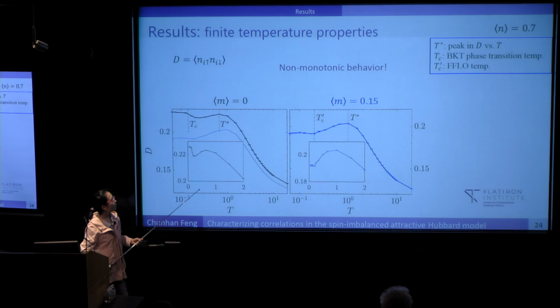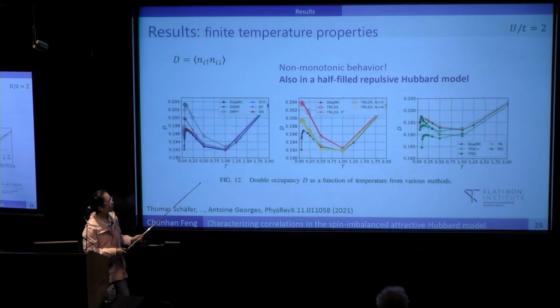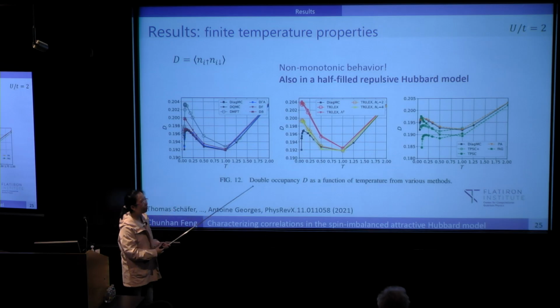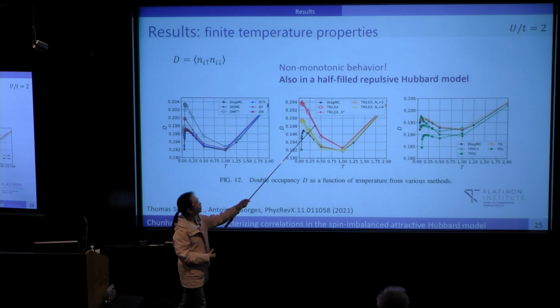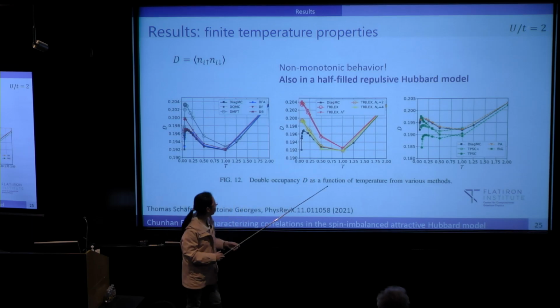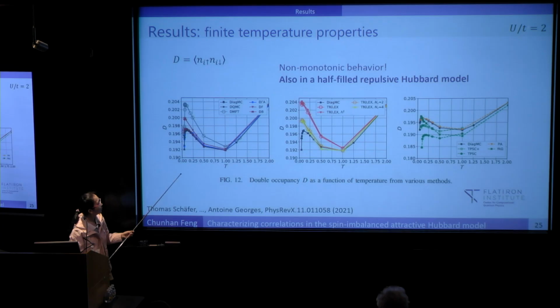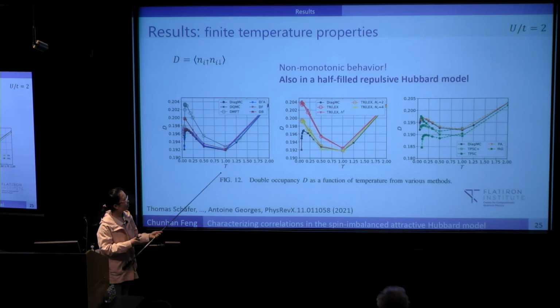And in the insets here, we just plot the same quantity D versus T, but using a linear scale for the temperature so that we can clearly see the non-monotonic behavior. And actually, such non-monotonic behavior has also been seen in the repulsive Hubbard model at half filling when U is equal to 2, in this paper by Professor Antoine Georges and his collaborators, using many different methods.